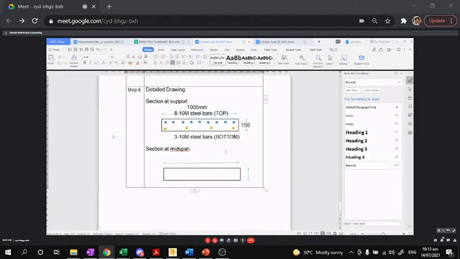Okay. That is the section at support. Section at support. Now for the section at midspan, it will look like this.